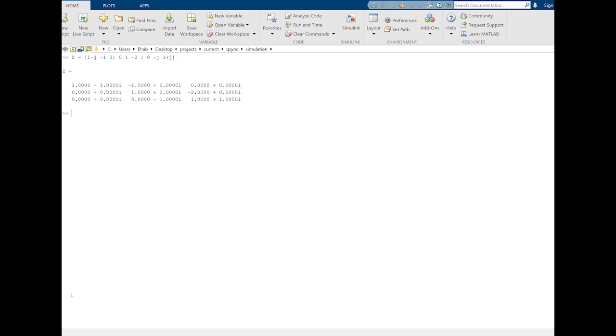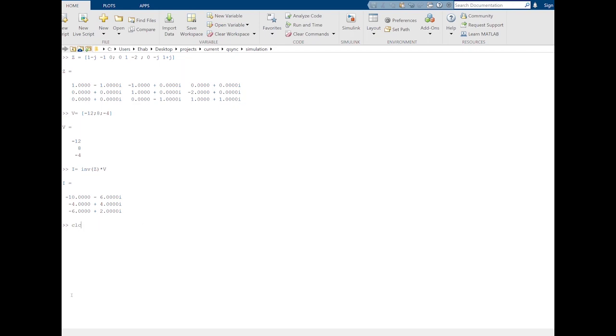This is going to be minus J, and so this is the correct matrix, and then after that I put in the V vector, and then I solve for I. The last one is I4.